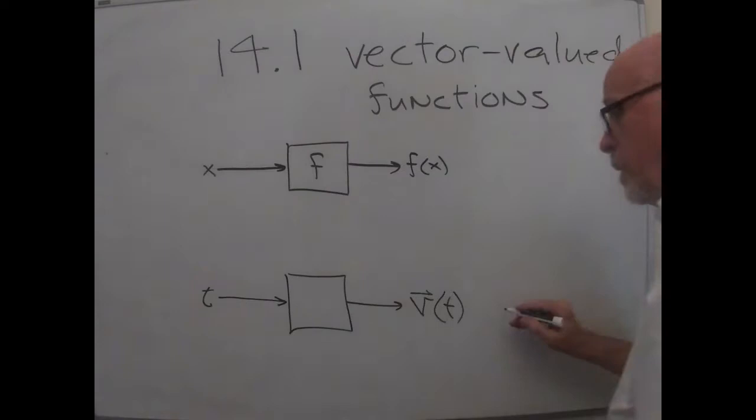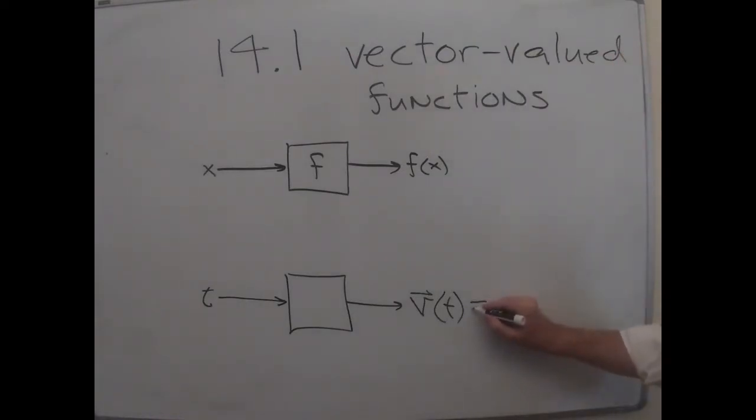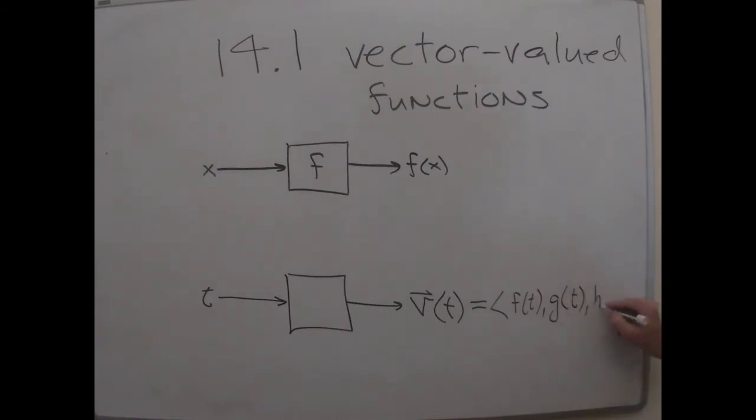And if you really want to get access to those interior parts, you can say that vector is f of t, g of t, h of t. So this is a vector valued function of a single real variable, and these are the component functions. That's, by the way, the term for these guys. Since they are the components of the output vector, you just call them component functions.